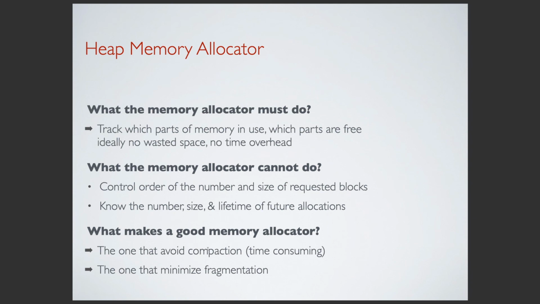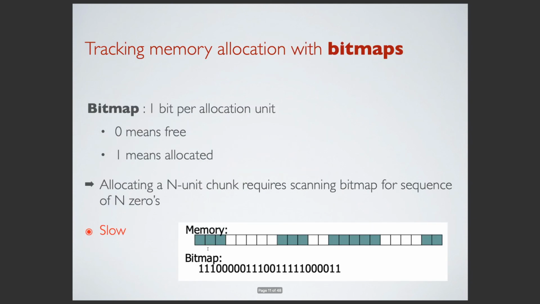All right, so let's try to find this perfect, or at least the best memory allocator. First, how do we track memory allocations? The free memory. How do we track which one is free? One way to do it is to have 1 bit per allocation unit. Again, what are the allocation units we're talking about here? Pages. If you're using segments, it's going to be something else.